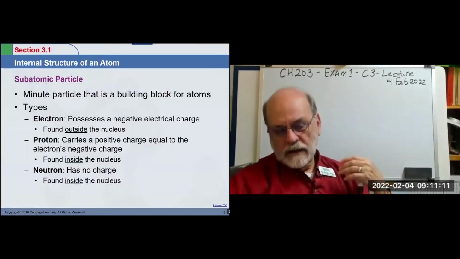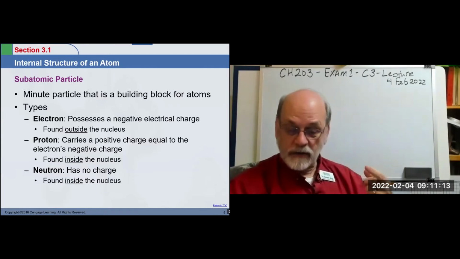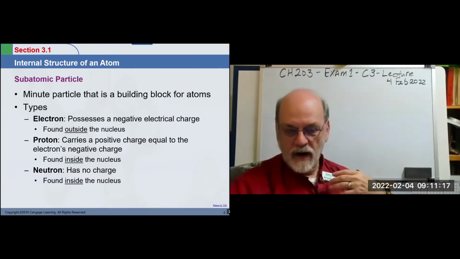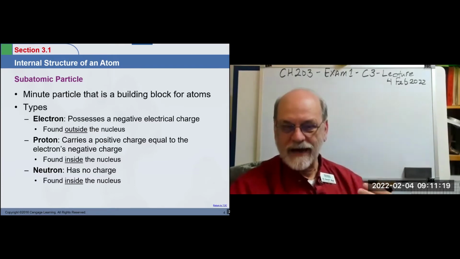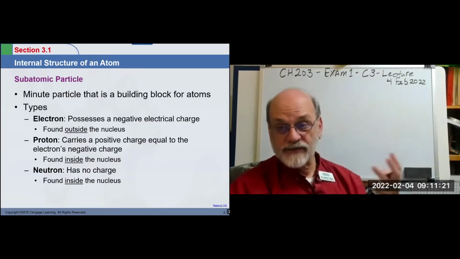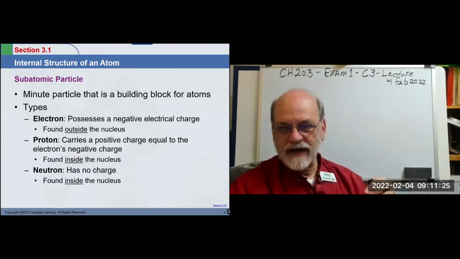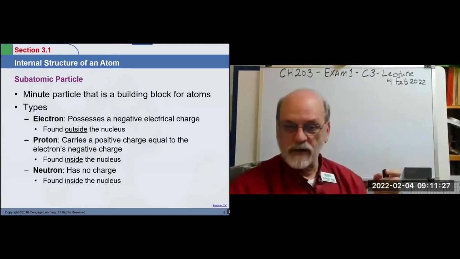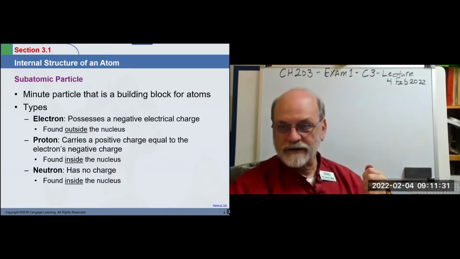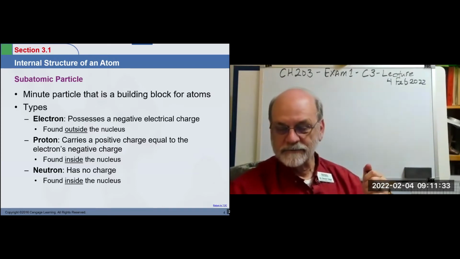So we've got three particles that are, for us anyway, essential to the structure of the atom. There are actually other subatomic particles, but I'm going to leave that discussion to nuclear physics. If you have a hankering to go that route, then more power to you later in your career.